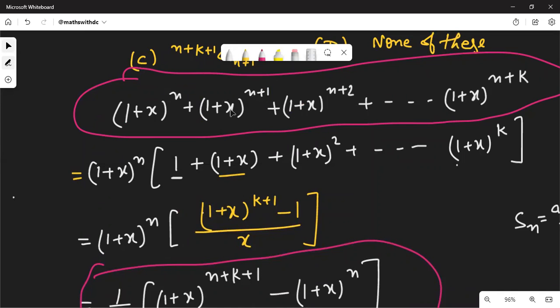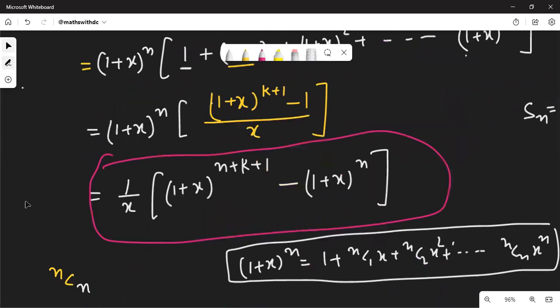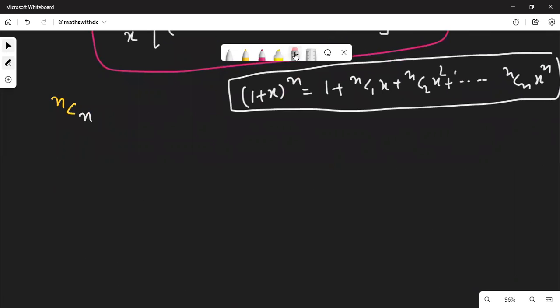n plus 1 Cn will be there. n plus 2 Cn will be here. n plus k Cn will be there. So means we are getting our left-hand side, I mean, we're getting our expression, the one we were asked to find.